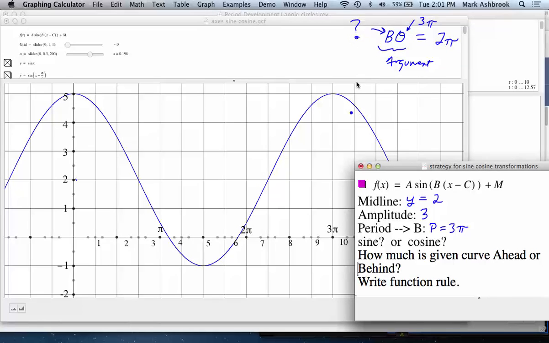What value of b will give us 2 pi for the argument when we reach the period of the input, 3 pi? So you just solve for b. Remember doing that? Don't forget. Just keep practicing this reasoning. So b is 2 pi over 3 pi, or 2/3.